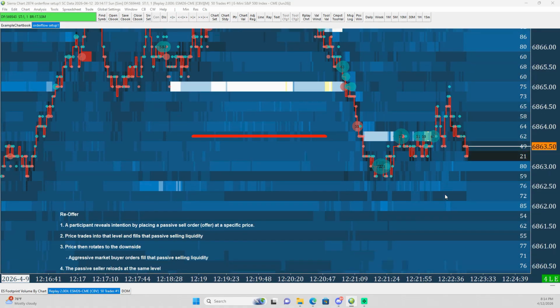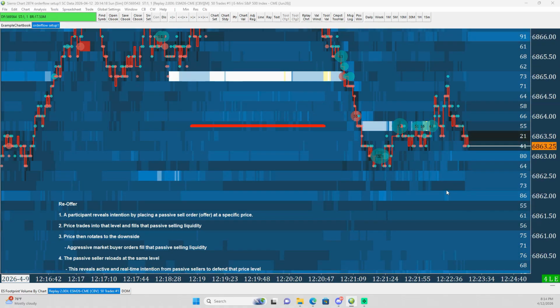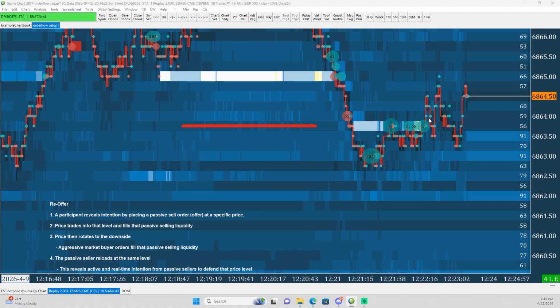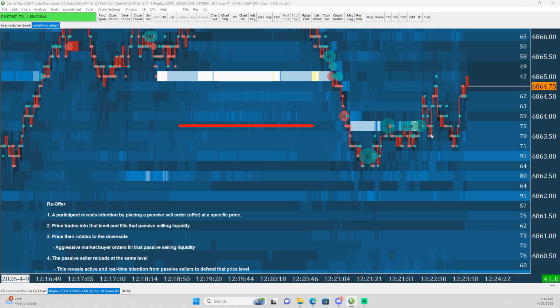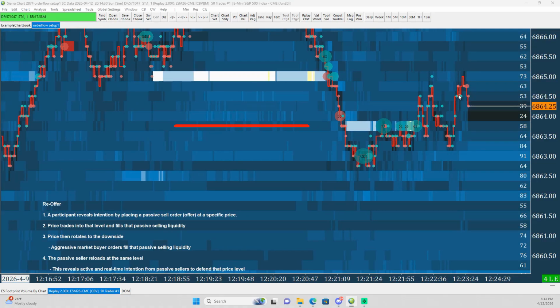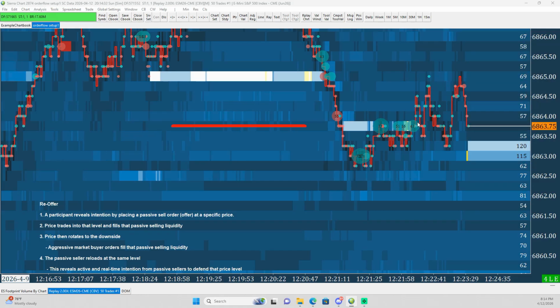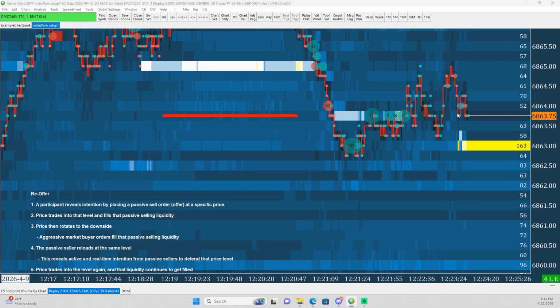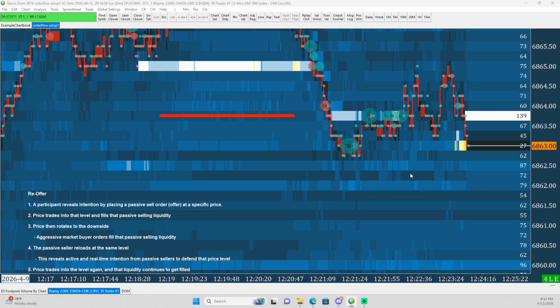And so at this point, nothing very significant has occurred. I mean, we do have a large amount of aggressive market buy volume filling this passive seller. As of right now, those buyers are being rewarded as price has broken above that level. And so what you guys are going to see is that price is going to break below this, and we're going to see this level then get reoffered.